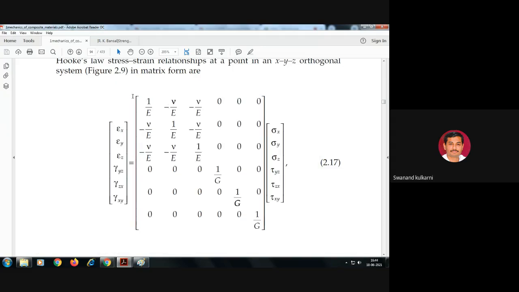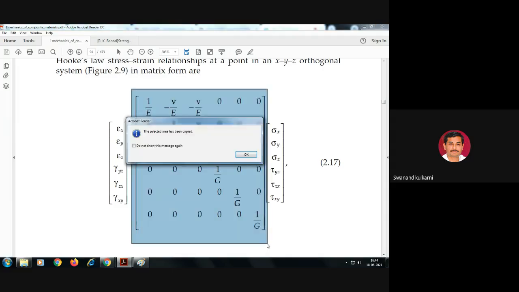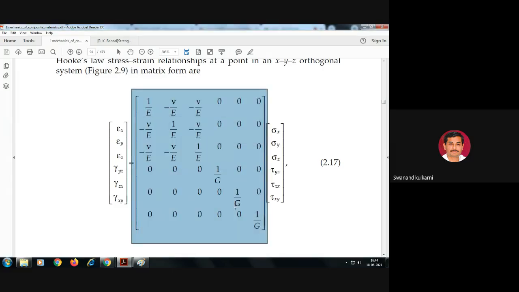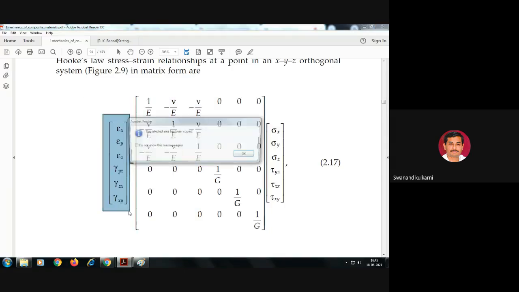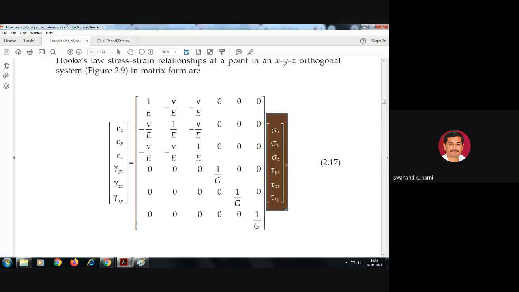So what we understood with this matrix is that the first matrix, the colored portion, shows only material properties. This particular row shows only strain values. This particular row shows only stress values.